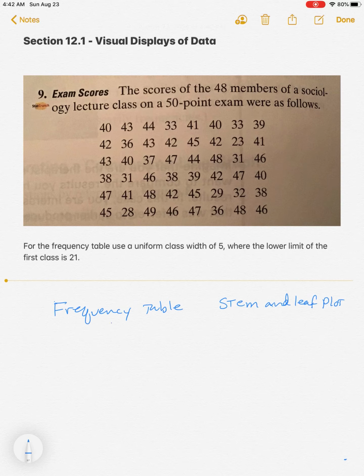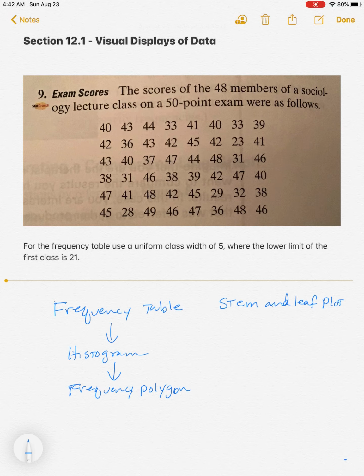From the frequency table, we can get graphs of data known as a histogram. And then we could also get what they call a frequency polygon, I think is the way our book calls it. All of these are addressed in the homework, and so I wanted to give you some examples of these.